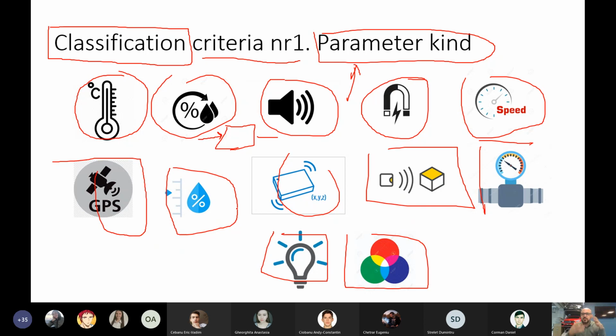Some of them are, let's say, for the sun temperature. How can we measure the temperature of the sun? We can send a sensor by a rocket to the sun, or why not a color sensor? But we should first understand what the parameter is and what its properties are, and select exactly the proper sensor. So the first one is the parameter kind, or better to say, parameter nature.